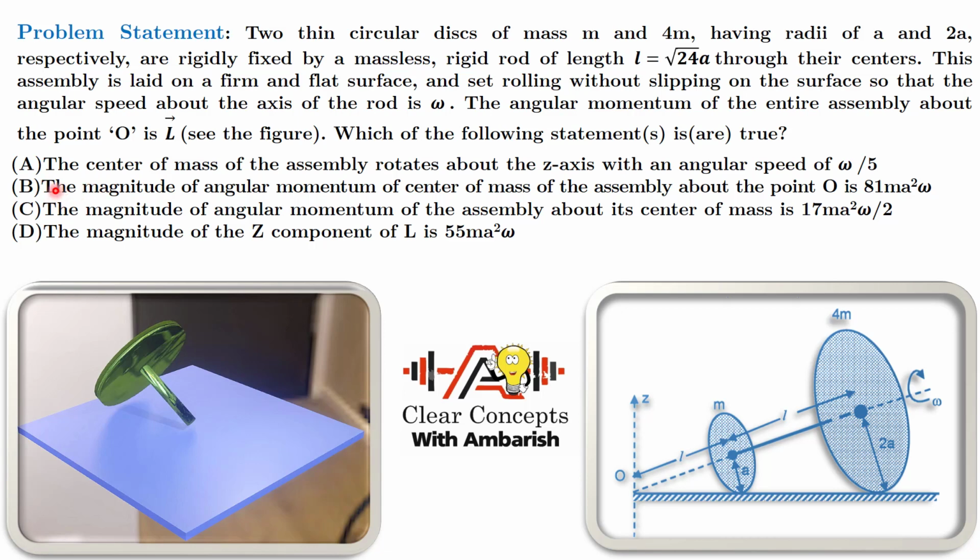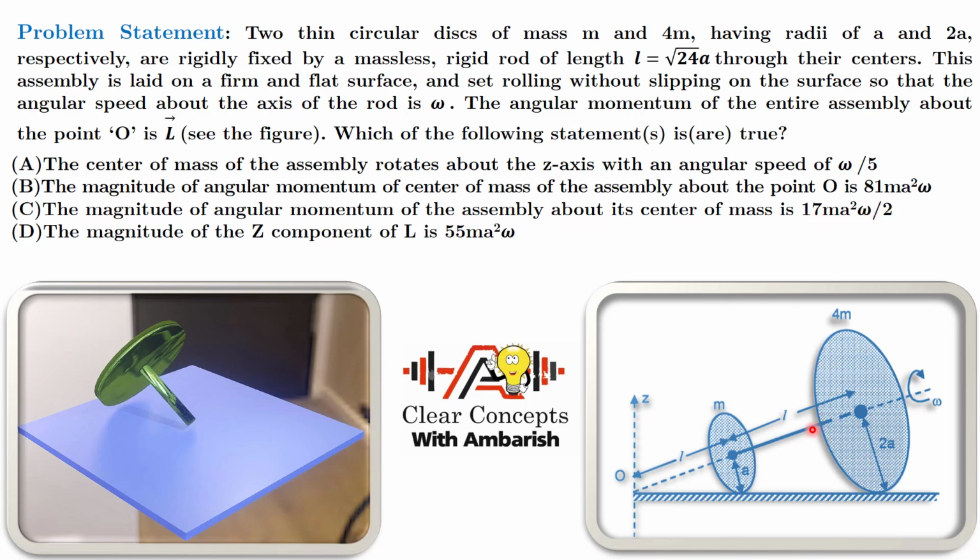Then second, option B: the magnitude of angular momentum of the center of mass of the assembly about point O is 81 ma square omega. There is some center of mass over here, and about this point O we have to comment on the angular momentum of the center of mass. We'll have to check option B. Then in option C: the magnitude of angular momentum of the assembly about its center of mass is 17 ma square omega by 2.